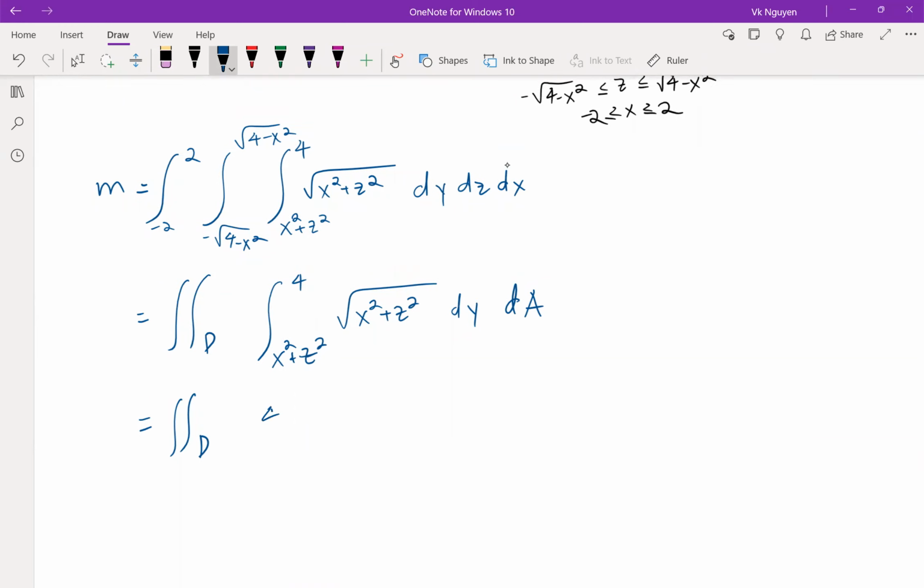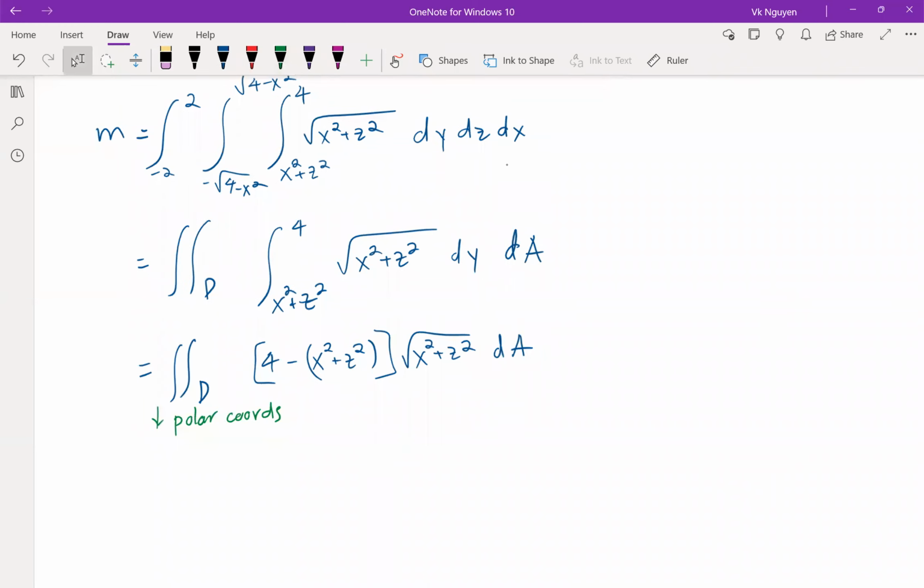So it's going to be 4 minus x squared minus z squared, root of x squared plus z squared dA. And now you're going to turn everything into polar coordinate.